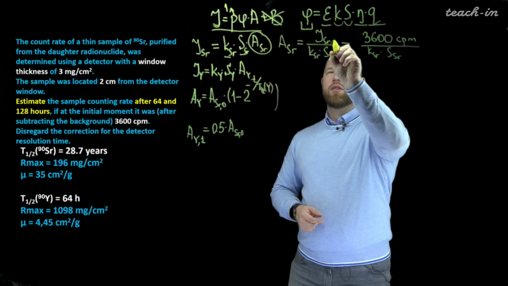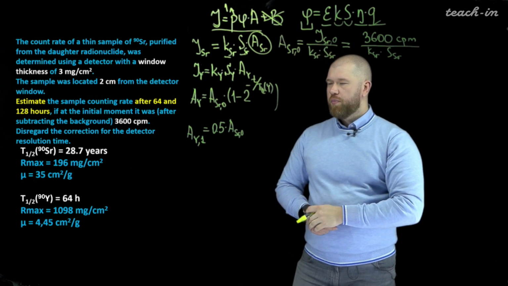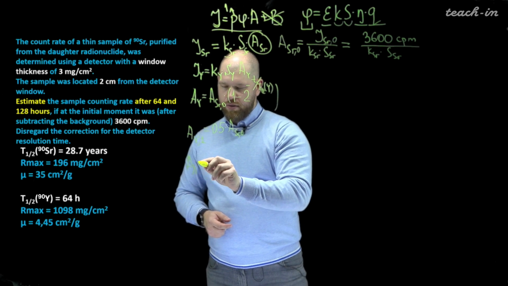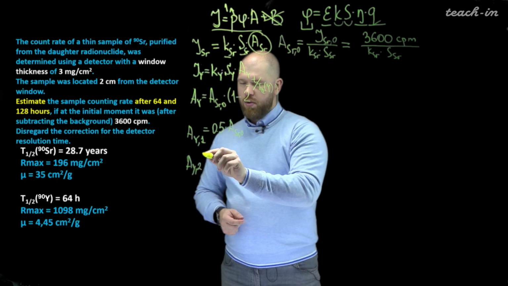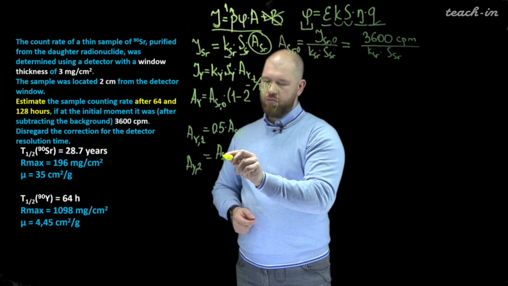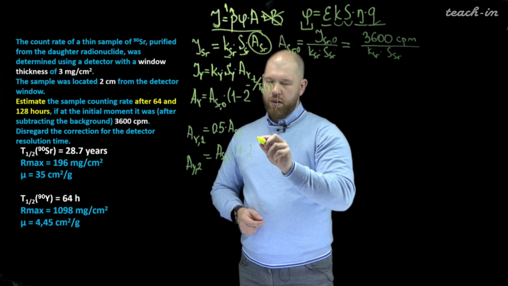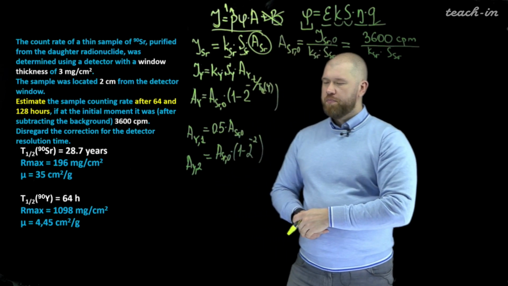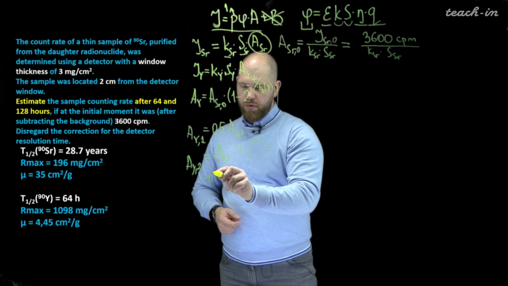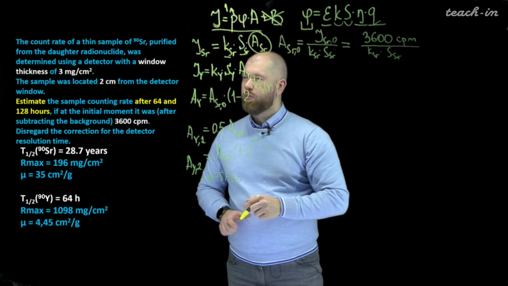We can write it here also. And in the case of the second time, we can write it as the initial activity of strontium multiplied by 1 minus 2 to the degree of minus 2. Thus, it will be 0.75 of the activity of strontium.